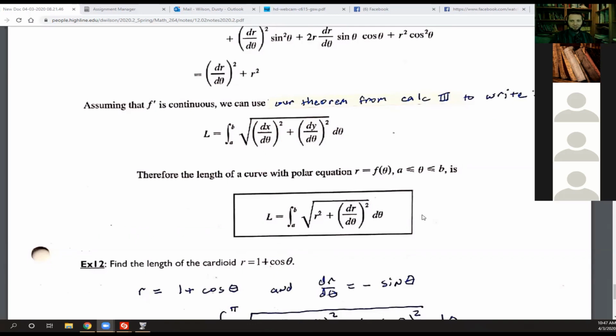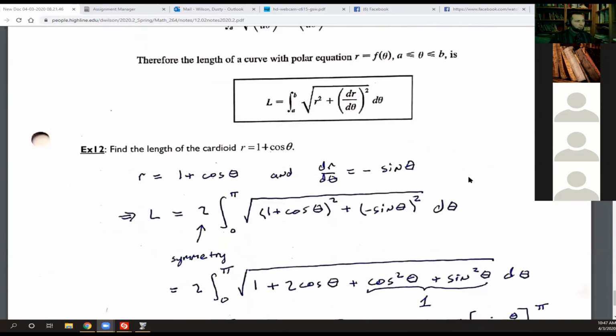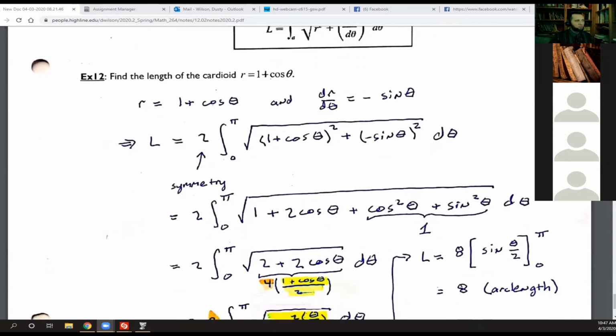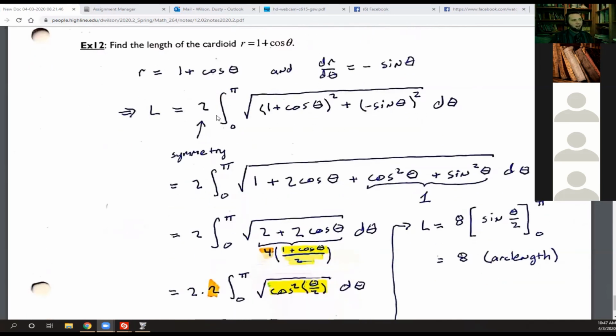Nice. Cool. The nice part about formulas is we get to use them. So last but not least, in this last example, we can find the length of the cardioid. We've got r, we've got dr d theta. We just plug and chug. I decided to use symmetry.